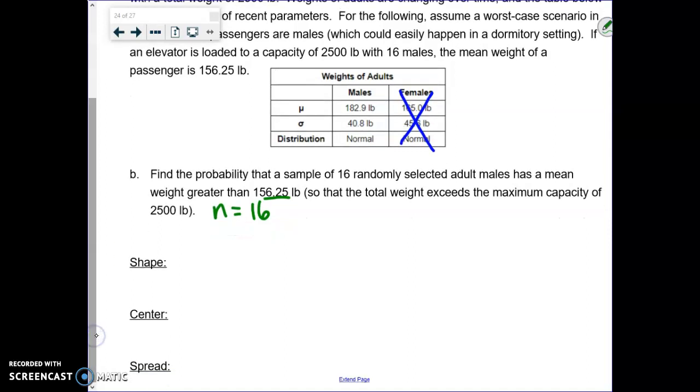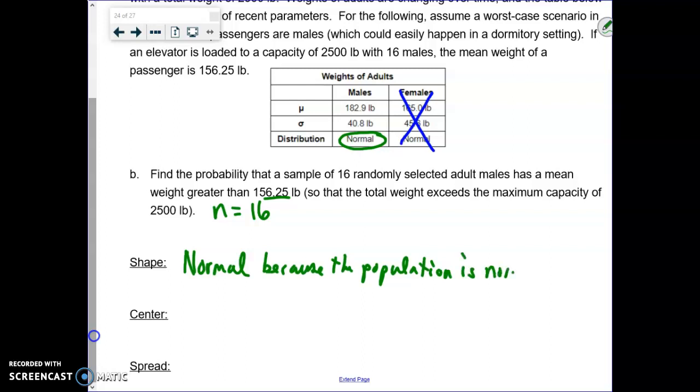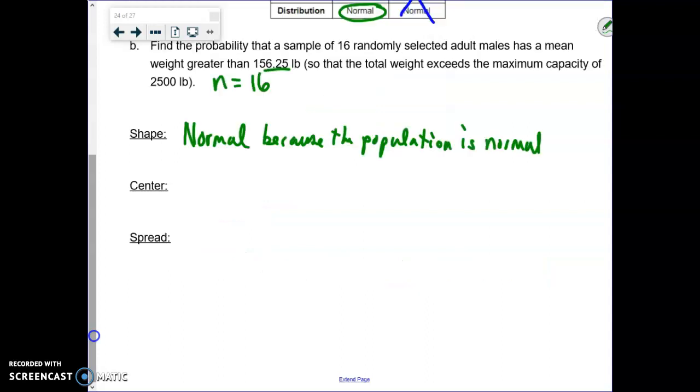So we look at the shape here. It's going to be normal. Even though our sample size is less than 30, it did say again that the population distribution was normal. So again, it's normal because the population distribution is normal. Now, since we're looking at a sampling distribution of size 16, we're looking at the mean of the sample means.